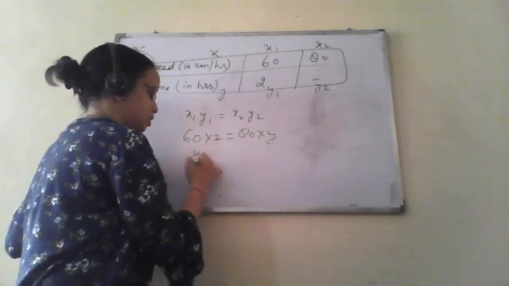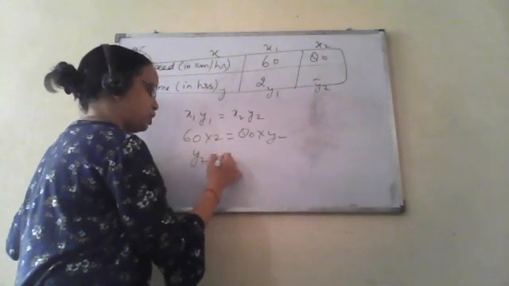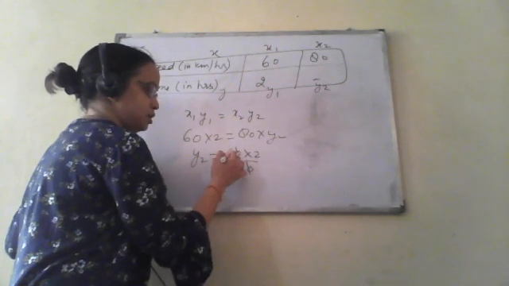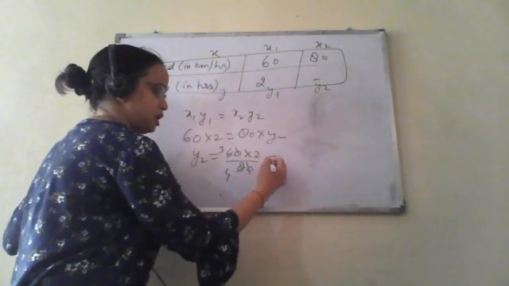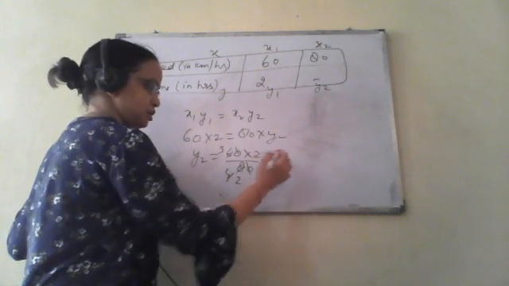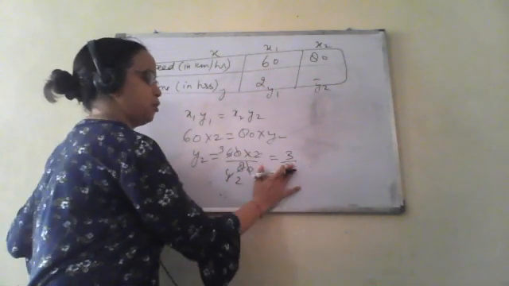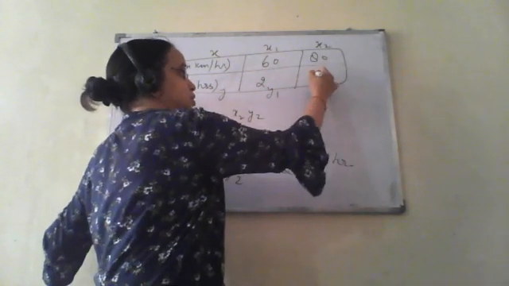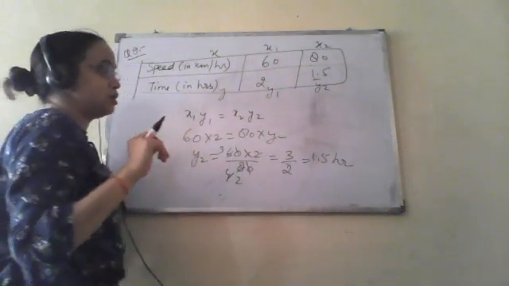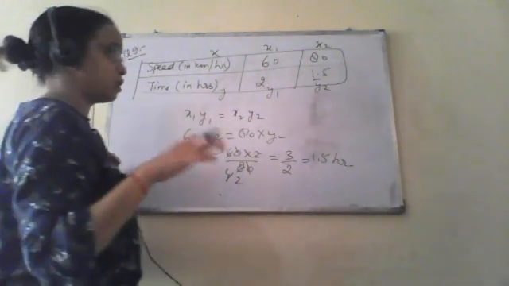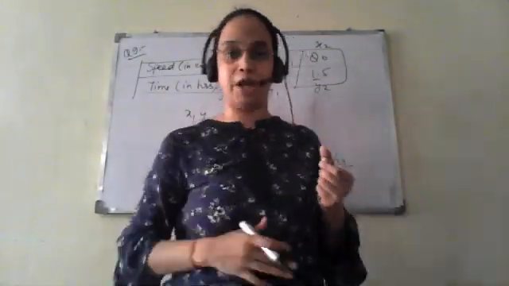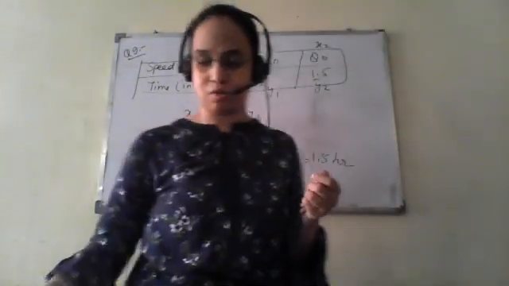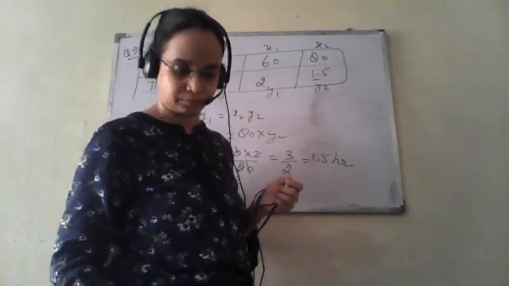We have to calculate y2. So y2 equals 60 into 2 upon 80, which comes out to be 3 upon 2 or 1.5 hours. So in order to cover the same distance at a speed of 80 kilometers per hour, it requires 1.5 hours or 90 minutes.